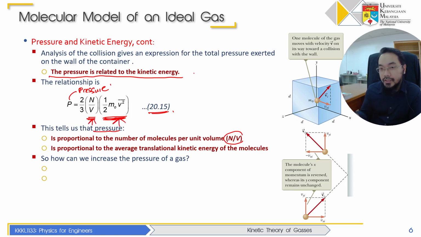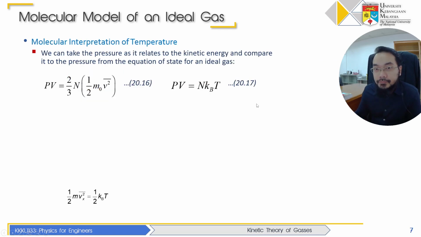For example, temperature and so on. So try to find the answer for this. How can we increase the pressure of a gas? It might sound a bit straightforward, but try to find the answer by looking at equation 20.15. You can do that on your own.